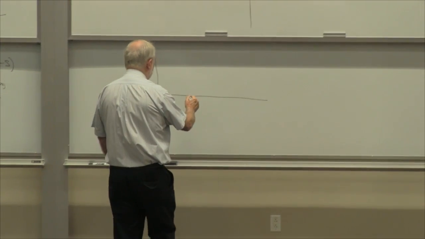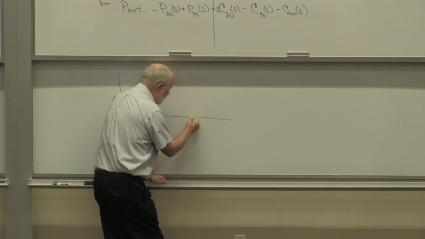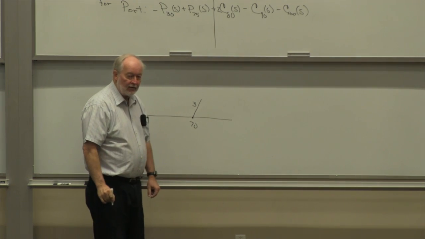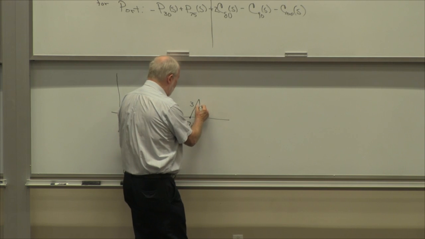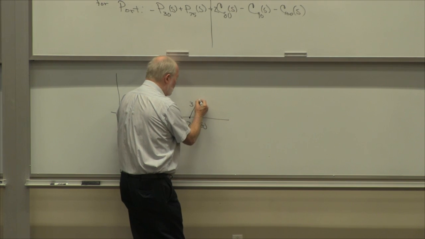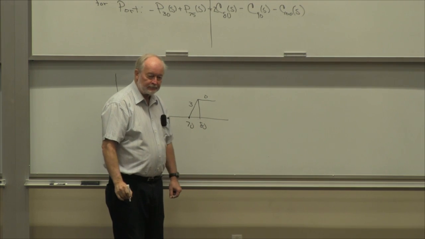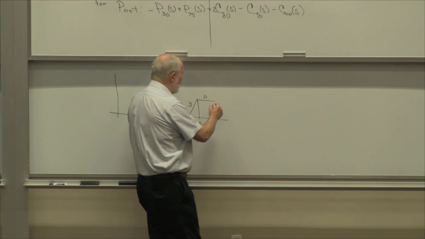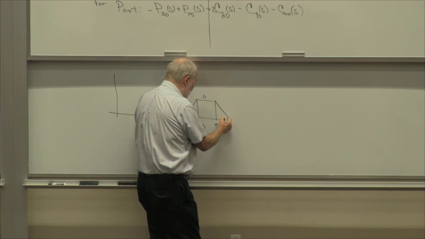I want my curve at 70 to go up with the slope of 3. I want it at 80 to go over with the slope of 0. I want it then to go down at 90 with a slope of -3.